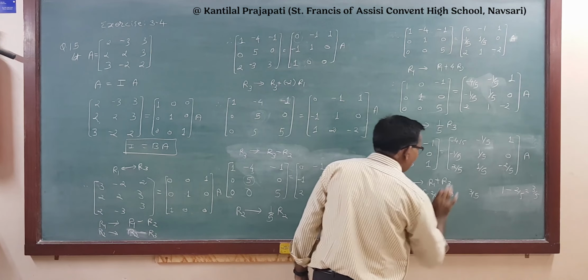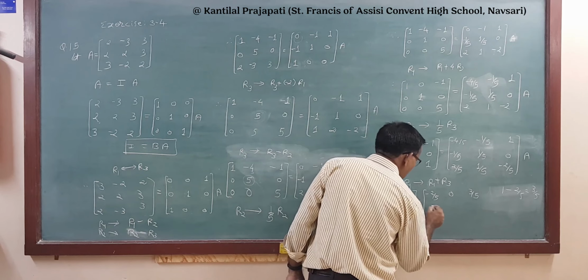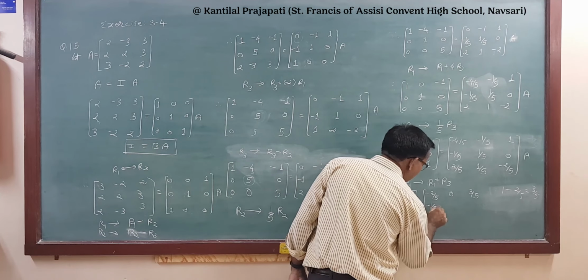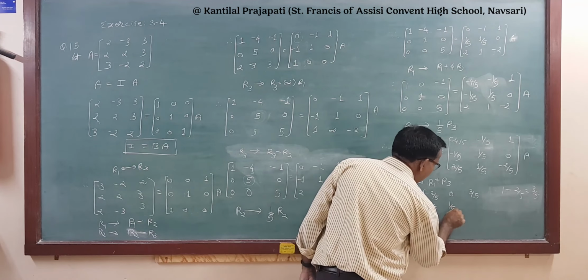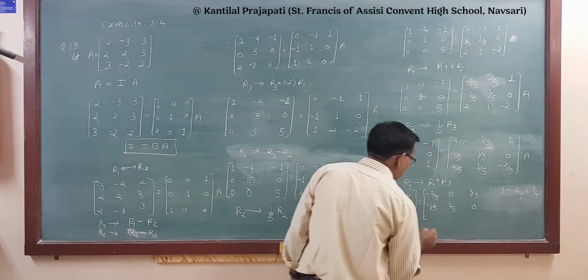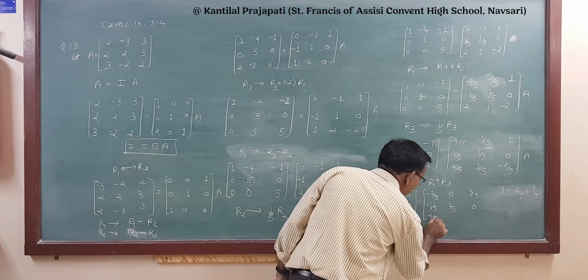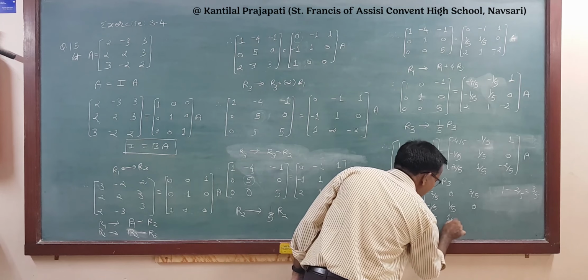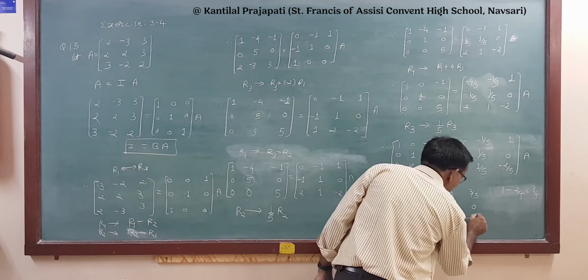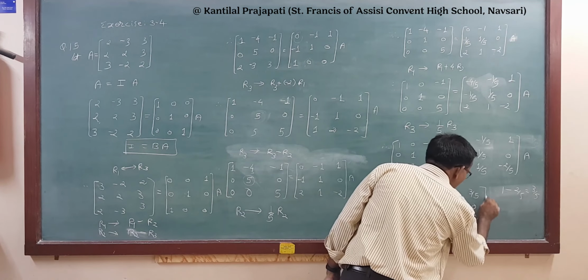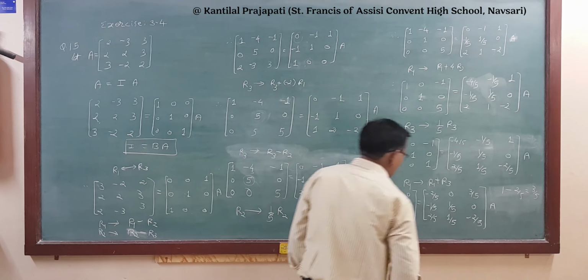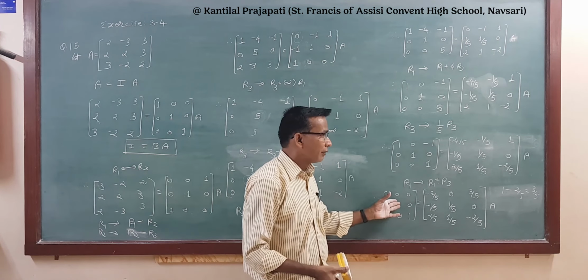Then the second row and third row will be the same, minus 1 by 5 plus 1 by 5, 0, 2 by 5, 1 by 5, minus 2 by 5 into 8. So this will be the required matrix here.